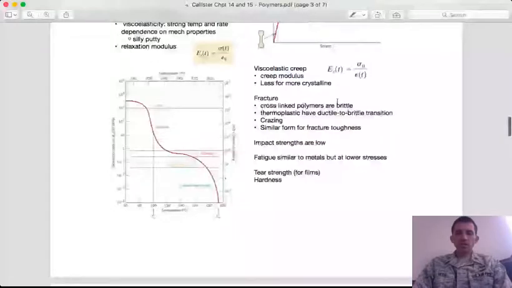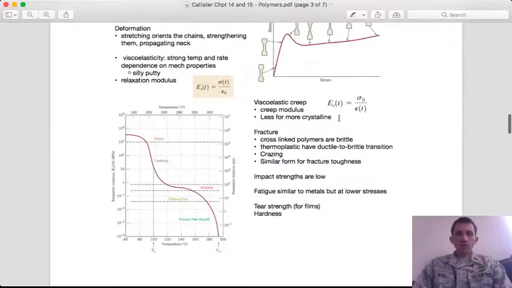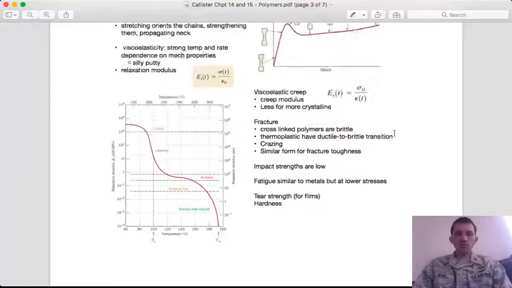So cross-linking basically locks together all of the polymer chains, and no longer can they move relative to one another to allow the deformation to occur, which causes them to be quite brittle. This also happens for non-cross-linked polymers at a low enough temperature. Just anything that prevents the polymer chains from moving with respect to one another will increase the brittleness of a polymer. I already covered here in this figure that they have a ductile to brittle transition.